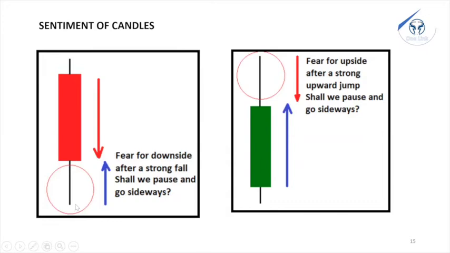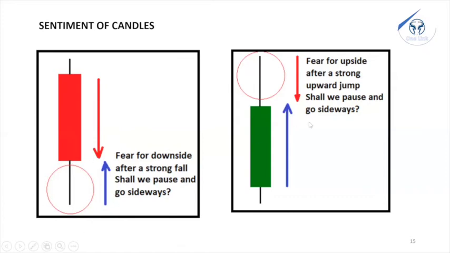And the bull said, hey, bears, be careful, the bulls are waiting here. So the bull started pushing the price up. That's the fear of downside of a strong fall: shall we pause and go sideways? So now make a decision, whether the price is going to go up or come down. This is where you need to see.